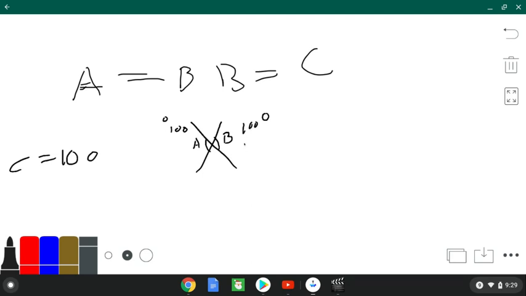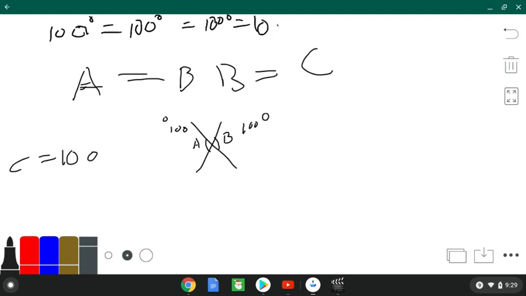So let me write the equation down. A is 100 degrees, which is equal to 100 degrees, which is equal, B is also 100 degrees, which also equals 100 degrees.